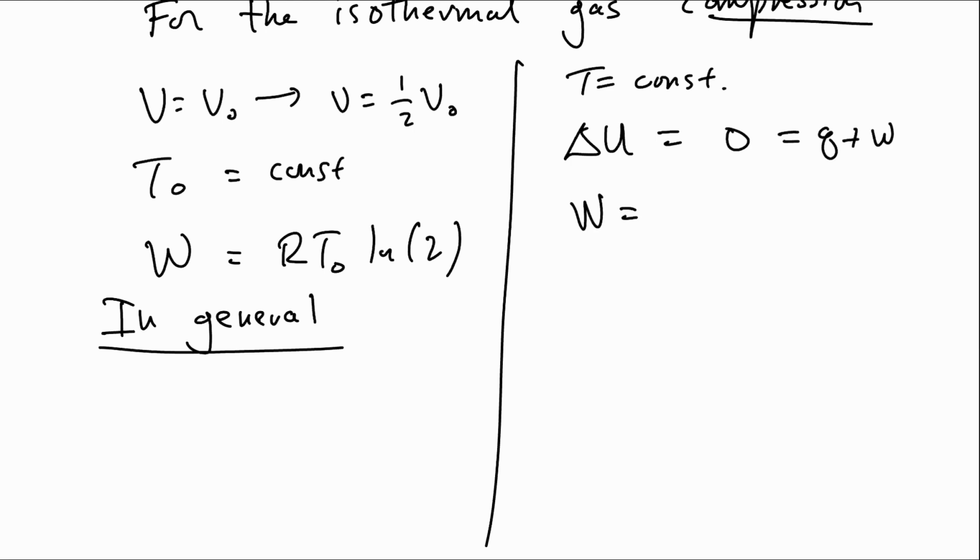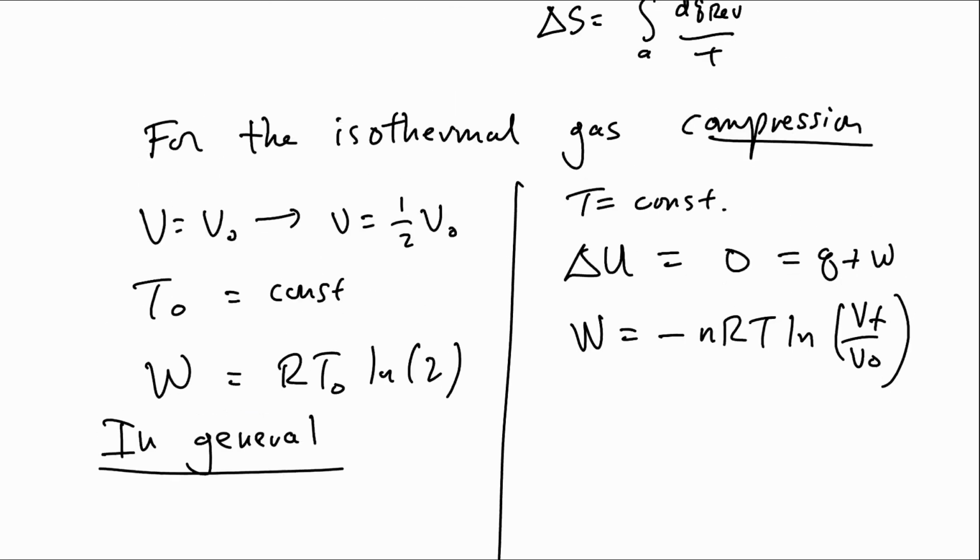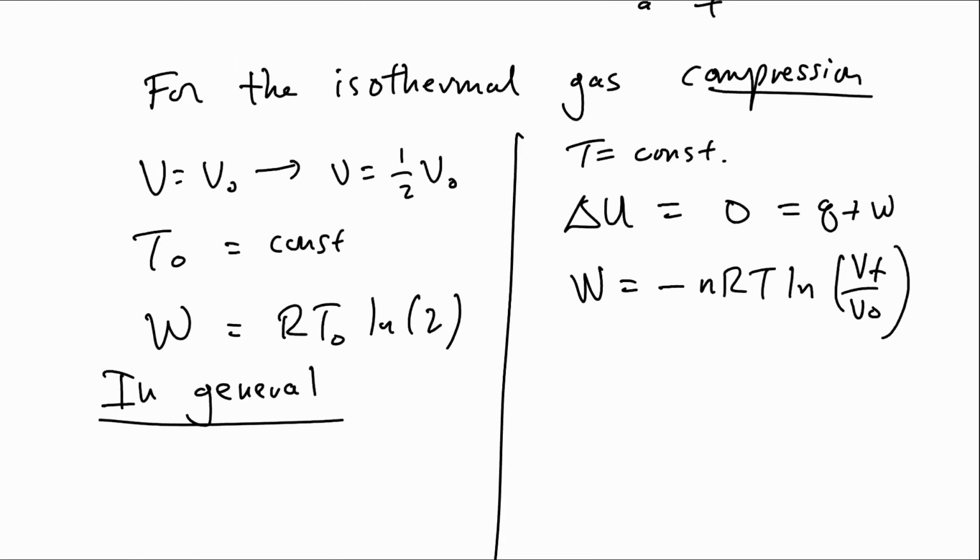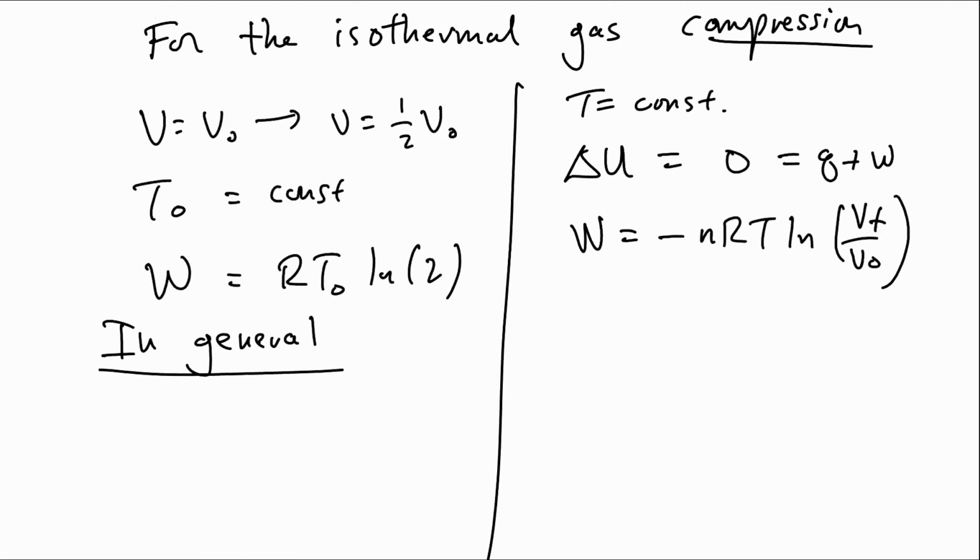W was the first thing we did. We got minus nRT log V final over V naught. And this one up here, I wrote it was RT naught log 2, but there was a minus out front, and V final over V naught was 1/2. So this is the general. There's a minus in front from minus PdV. So that's the work in general.